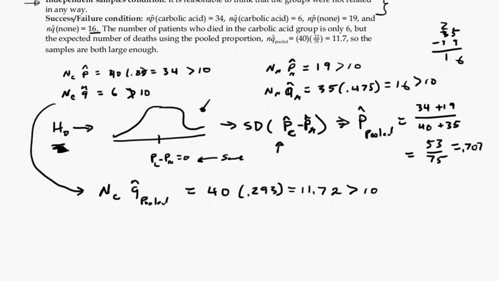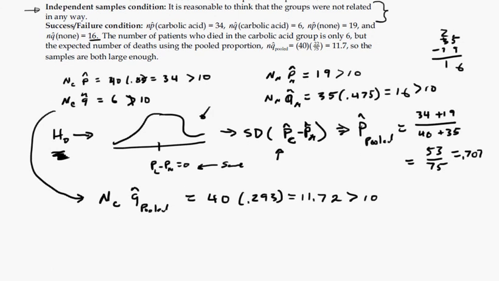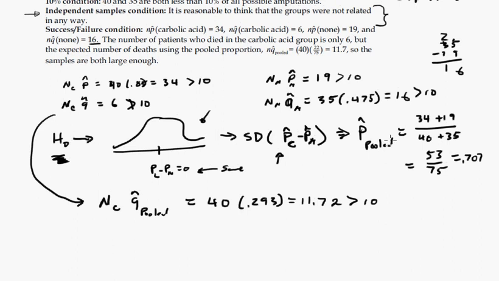So we can argue theoretically that under the assumption that the null hypothesis is true, the sampling that we did is consistent with using a normal model.